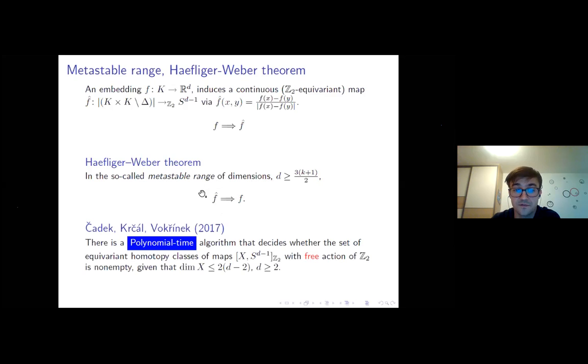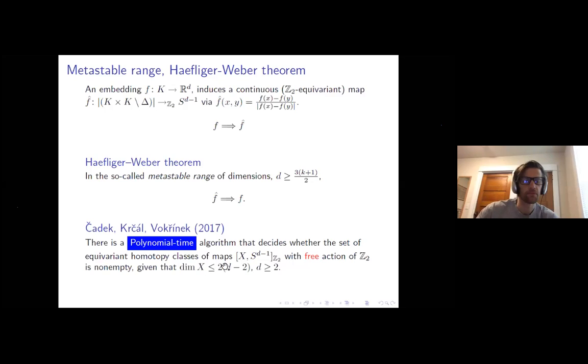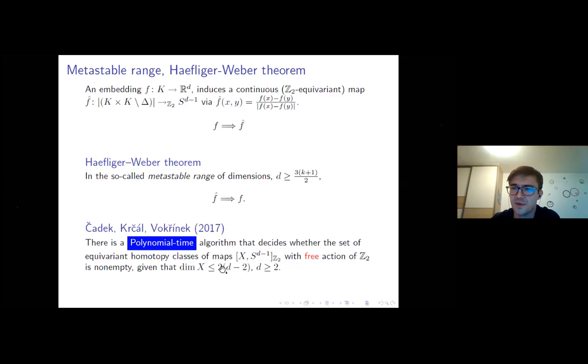And by a result of Čadek and Vokřínek, who studied precisely the set of homotopy classes of equivariant maps with free group actions, they had an algorithm which, under some dimensional conditions that are satisfied in the metastable range, would tell you whether the set is non-empty. So it will tell you if a map like f hat exists, to boil it down.